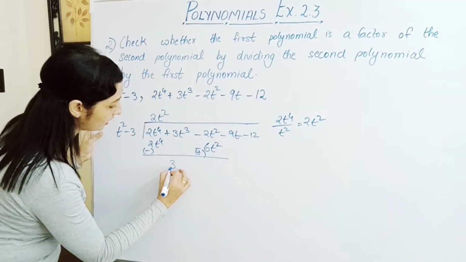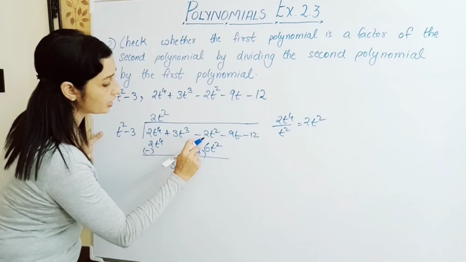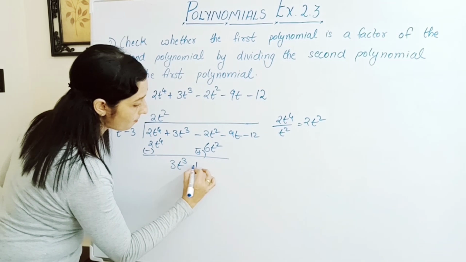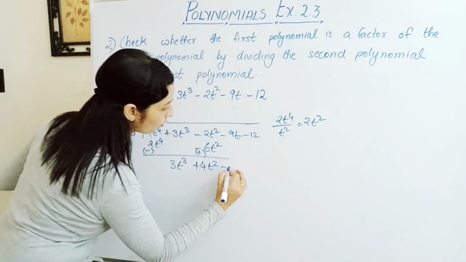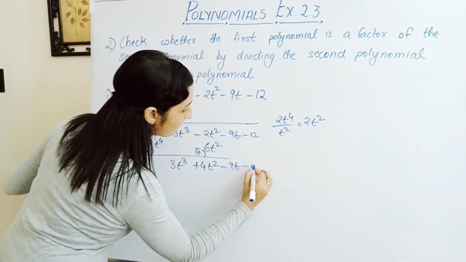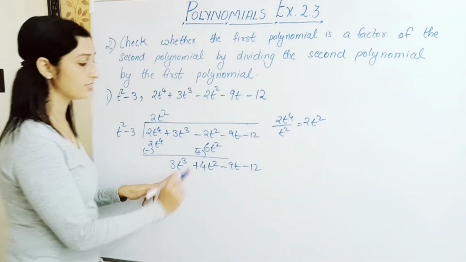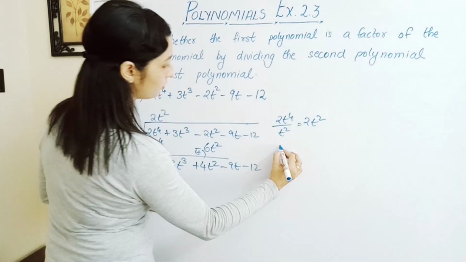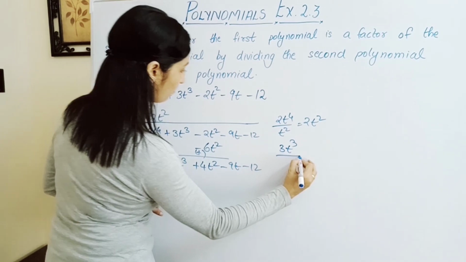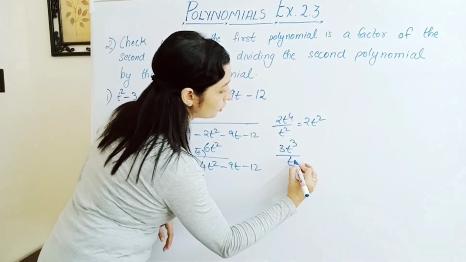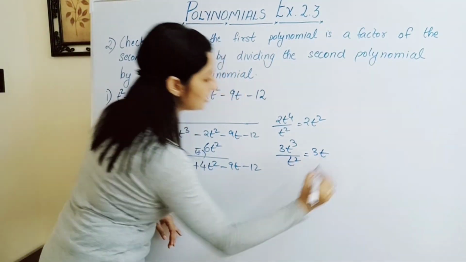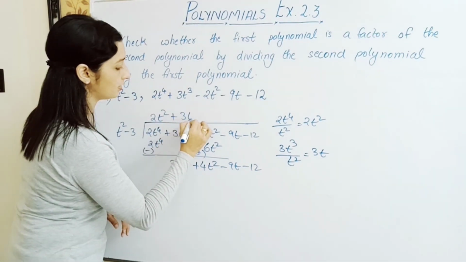What do you get? 3t cube, minus 2 plus 6 is plus 4t square, minus 9t minus 12. Now to find the second term of the quotient, you divide 3t cube by t square. You get 3t. So the second term is 3t.